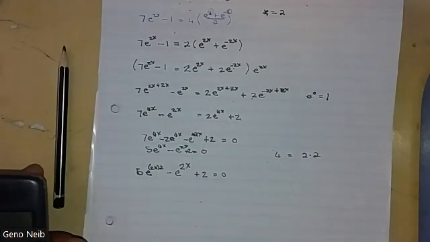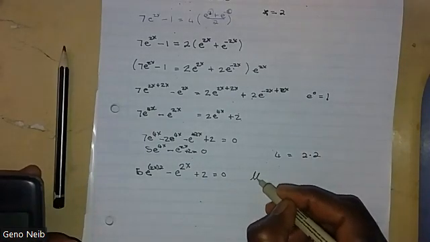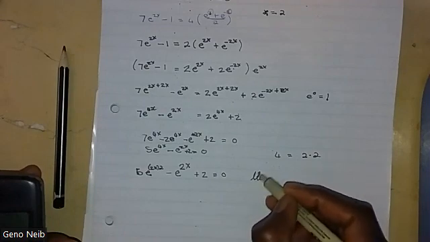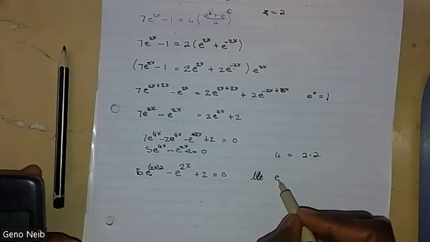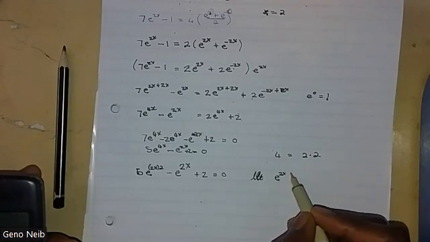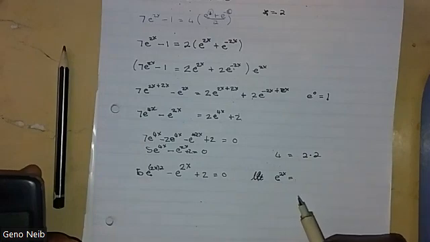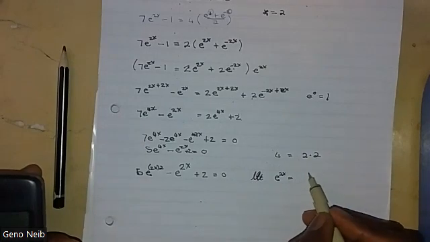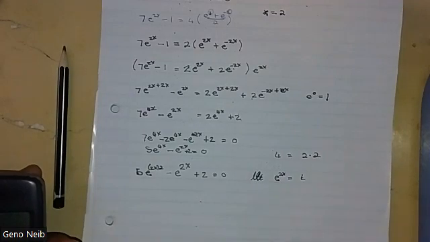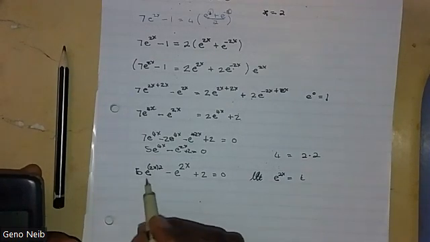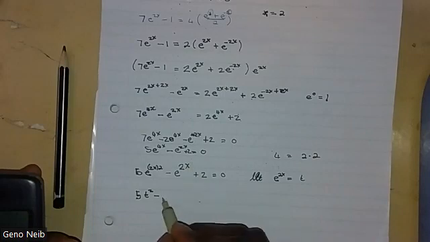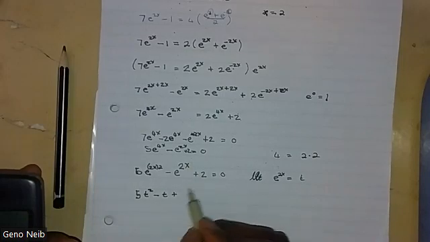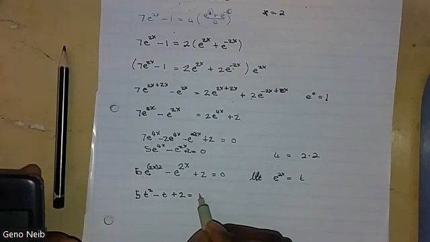And then we say, okay, let e to the 2x equal t. Then this is what we get. Then it will be 5t squared minus t plus 2 equals 0.